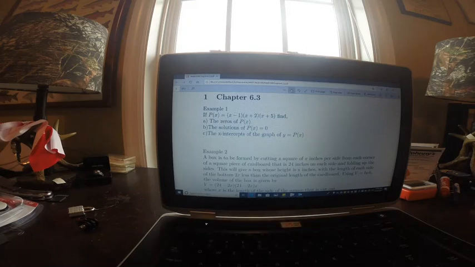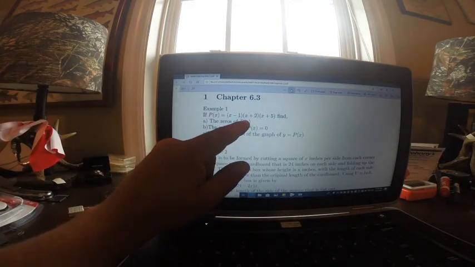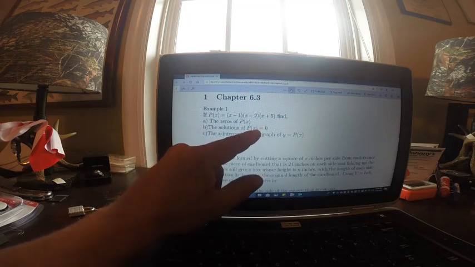Okay? Now, what I want you to notice before we get deep into solving this problem, because it's not a really difficult problem, is that A, B, and C are all asking for the same thing. If we find the zeros of p of x, that means we find when p of x is 0, which is exactly what B is asking us to do.